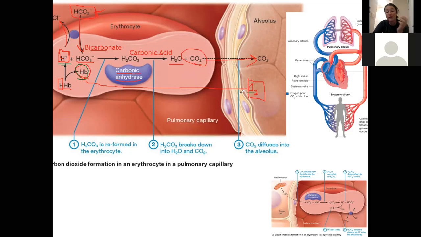So all of these processes are connected together. This is why increased acid and increased carbon dioxide lead to more unloading of oxygen at the tissues. This essentially shows us how the Bohr effect is actually working. Again, any questions about that?